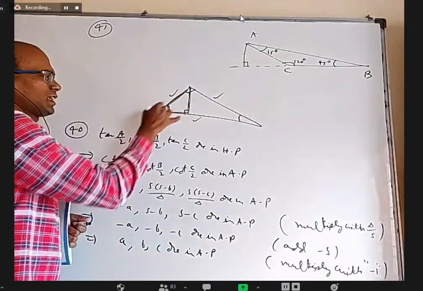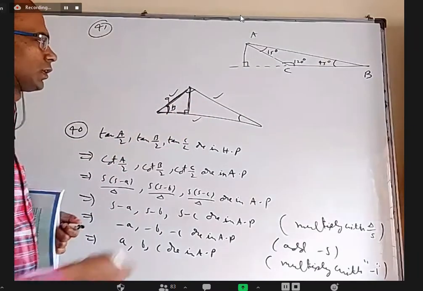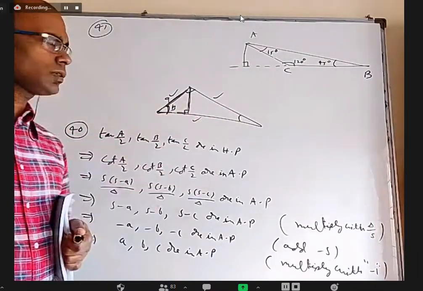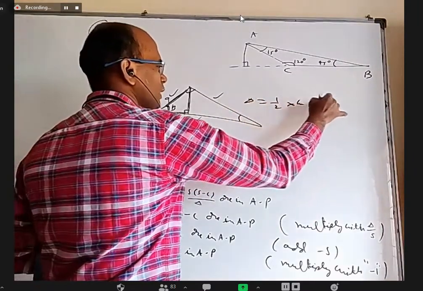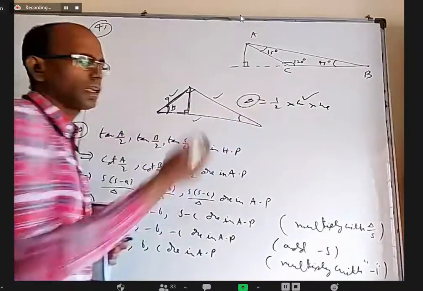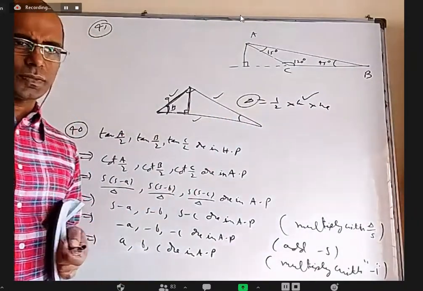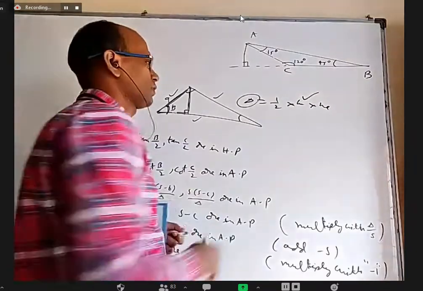Where you know side length and this angle, simply use A sin B or B sin A, depending on the altitude. Another one is delta equal to half into base into height. You know the base, and delta you can find by Heron's formula, or half AB sin C, or 2R square sin A sin B sin C, whatever it is. You'll get the height.